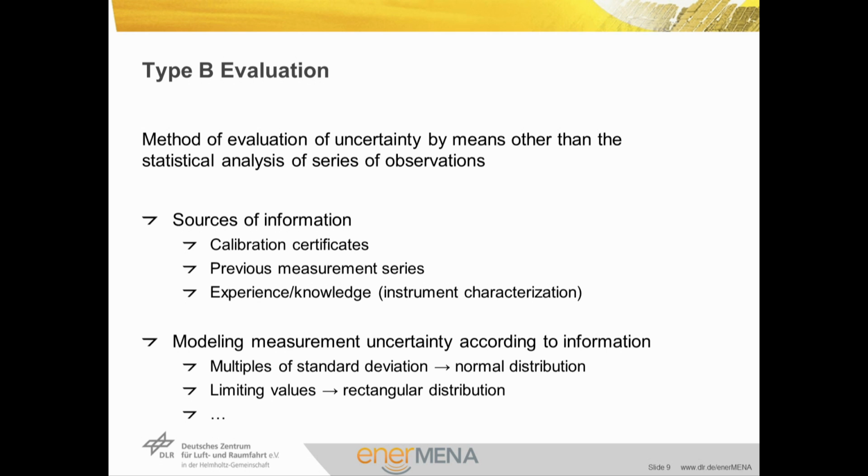This mainly applies to previously evaluated uncertainties, for example resulting from instrument calibration. In other cases, limiting maximum values of uncertainty might be specified, for which rectangular distributions are most suitable. Selecting the correct modeling approach and assumptions requires a little experience and is decisive for Type B results.